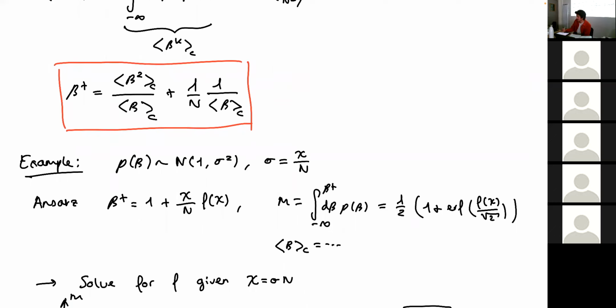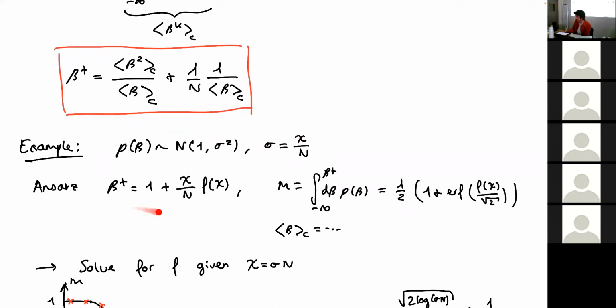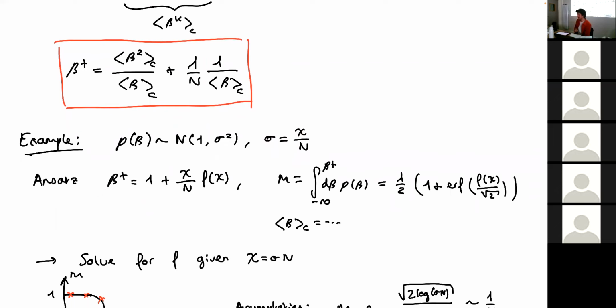I think we directly place ourselves in the regime where your solution is necessarily going to be of this form. This means the only thing you need to solve directly is f of chi. And for f of chi, you can know several things: it's going to be a decreasing function, and it can get very negative quite quickly.